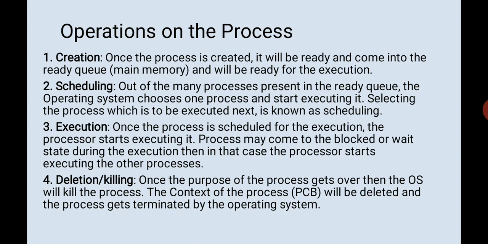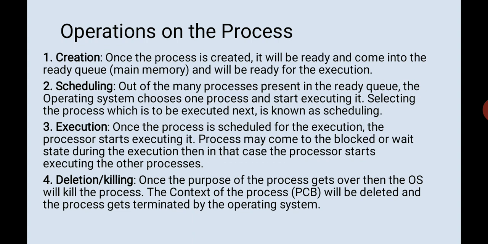Once the process is scheduled for execution, the processor starts executing it. The process may come to the blocked or wait state during the execution. In that case, the processor starts executing other processes. And deletion is when the process gets over, the operating system will kill the process. The context of the process, the PCB, will be deleted and the process gets terminated by the operating system.